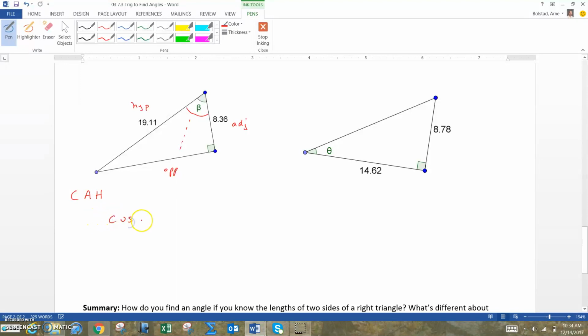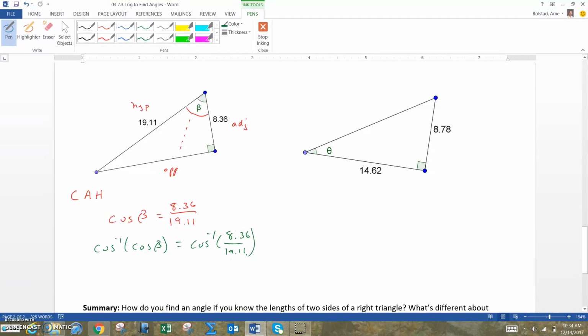So I would write cosine of beta equals the adjacent side, 8.36, over the hypotenuse, 19.11. Inverse of cosine, we would write as cosine to the negative 1, which is inverse cosine, of the cosine of beta equals the inverse cosine of 8.36 over 19.11.